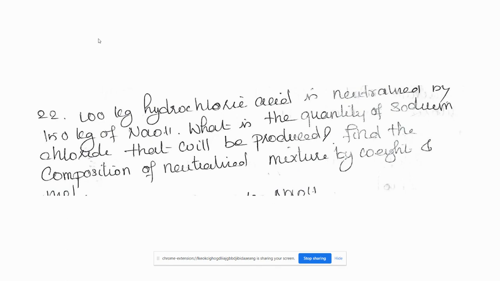We have hydrochloric acid, that is an acid, and NaOH, that is an alkali. Now this will react to give sodium chloride. We have to find the composition of the neutralized mixture, that is, do the analysis. For that, first we should write the relation. HCl, hydrochloric acid, plus NaOH gives sodium chloride, NaCl, plus water.